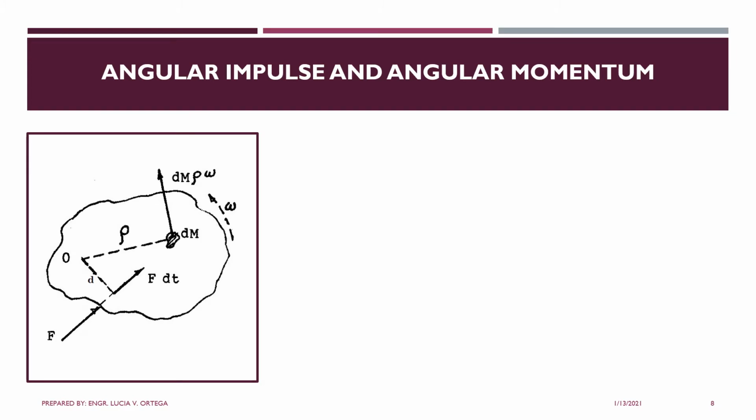So let's consider now the angular impulse and angular momentum. When the impulse and momentum equation is applied to rotating bodies, you see here in the diagram a differential mass. The force acting on it is the differential mass, or the weight of this differential mass, times rho, the distance from the reference point, times omega, that is the angular velocity.